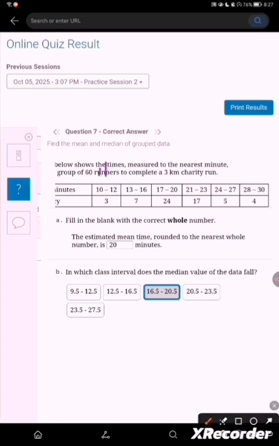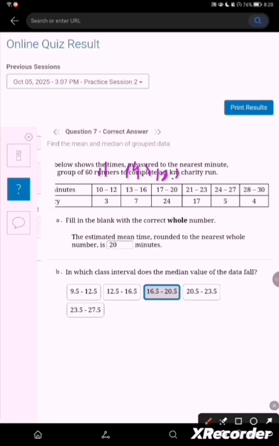Okay, here we go. So 11, 14.5, okay, then you do 17 plus 20, divide that by 2, you get an answer of 18.5, so this is 18.5.